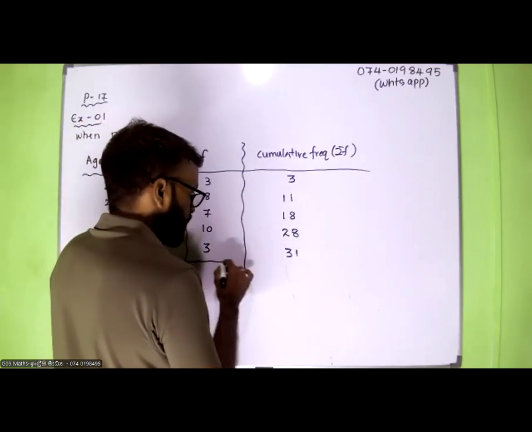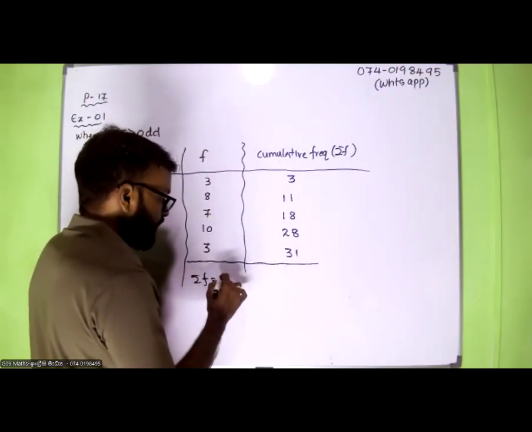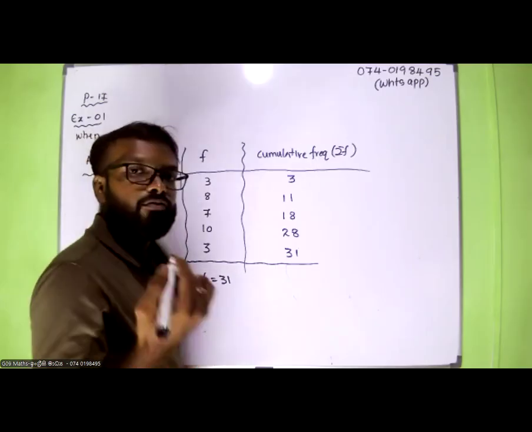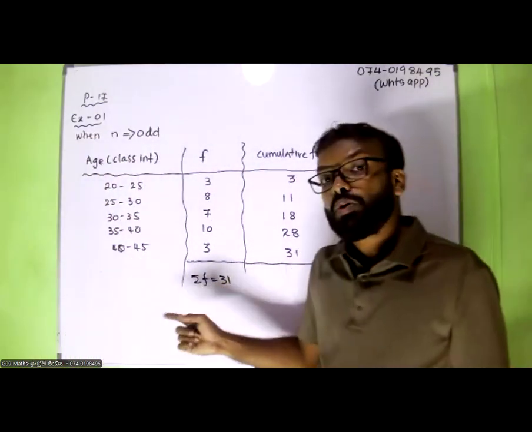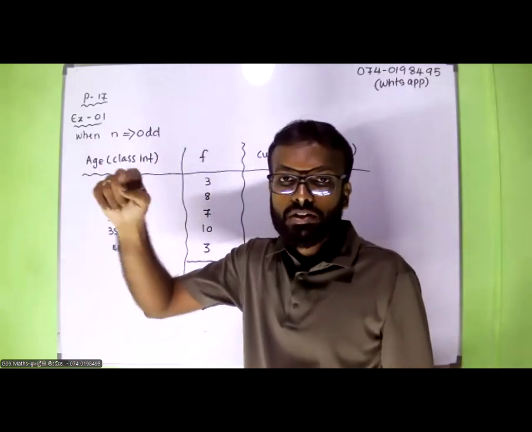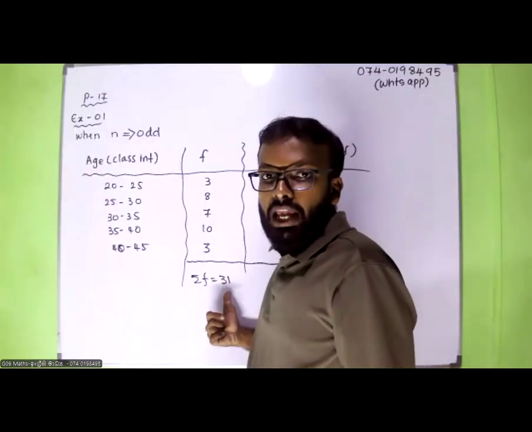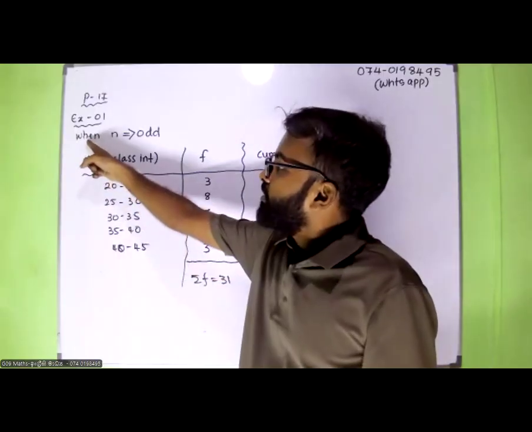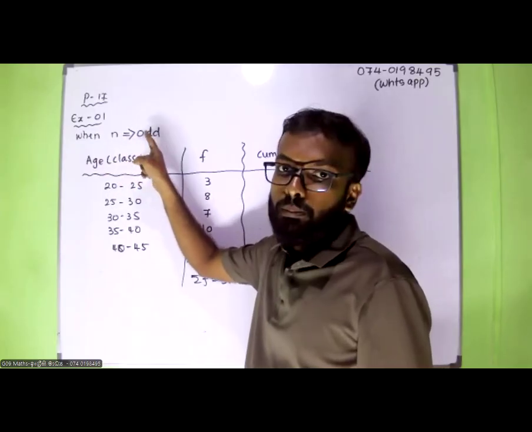So your sigma f is 31. In another word, sigma f is equal to n, the number of data, as I told you in the sketch, so n is 31. That means n is an odd number.